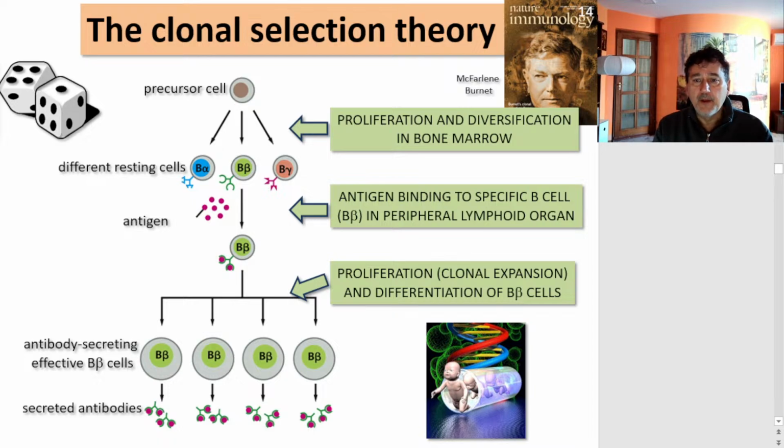Here you can see the clonal selection. As you can see, there are multiple different types of B cells. This is also true for the T cells. Here three variants are illustrated, the alpha, beta and gamma, but actually there are millions of different variants. Those variants which recognize an antigen will be selectively proliferated, and that mechanism is called clonal selection.